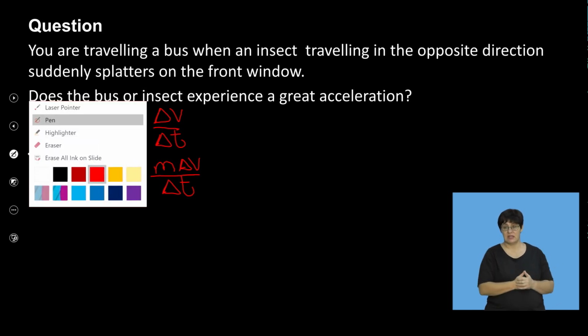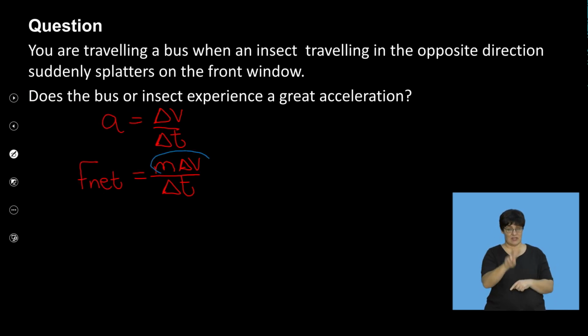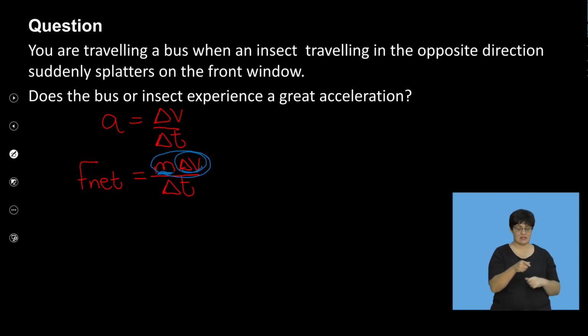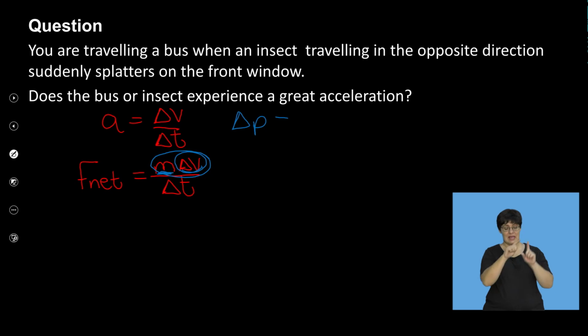We've just agreed that m delta v is the same for both the insect and the bus. The difference is the mass. The bus has a very big mass. This value is very big. This value, the change in velocity, must then be very small because we have to keep it as a constant. I need to keep delta p as a constant. So if m gets bigger, v must get smaller.